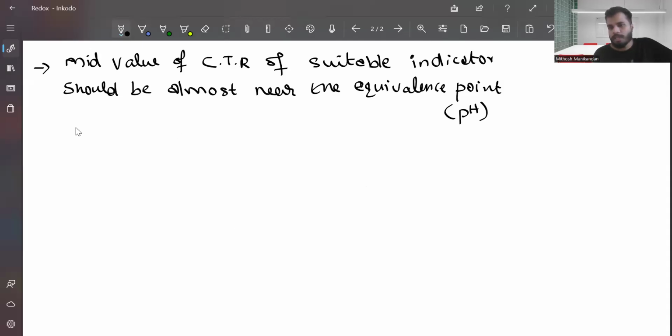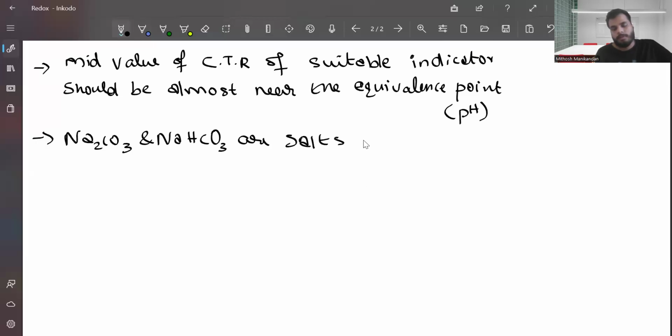Now, as we were talking about Na2CO3 and NaHCO3, both are salts of NaOH and H2CO3, right? H2CO3 is a weak base, sorry, weak acid, correct?